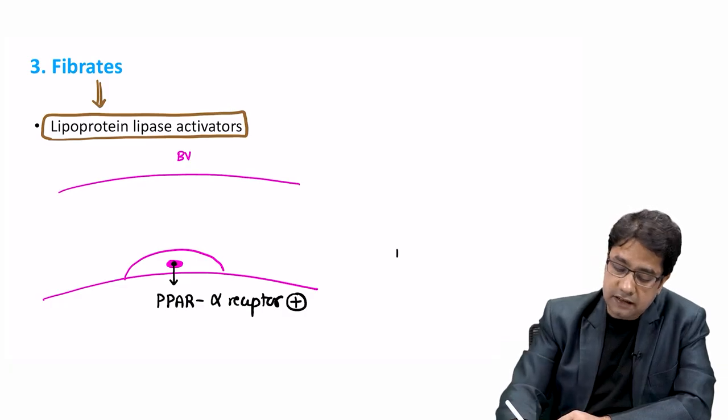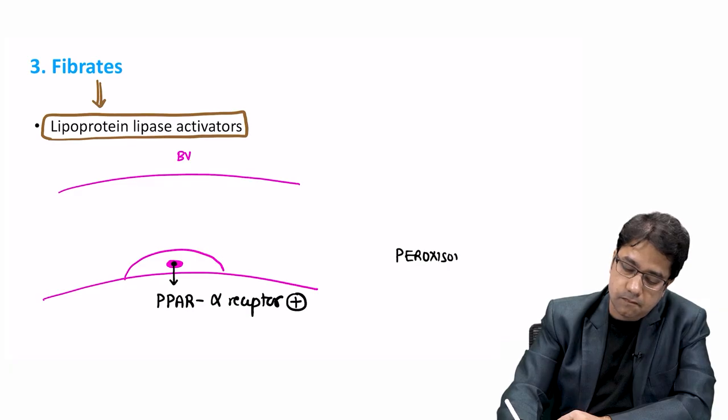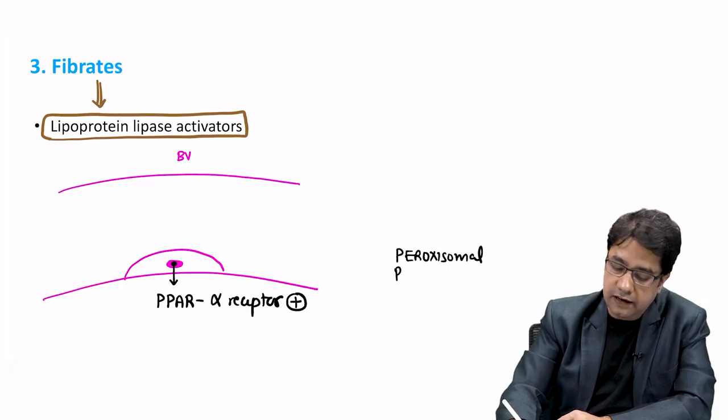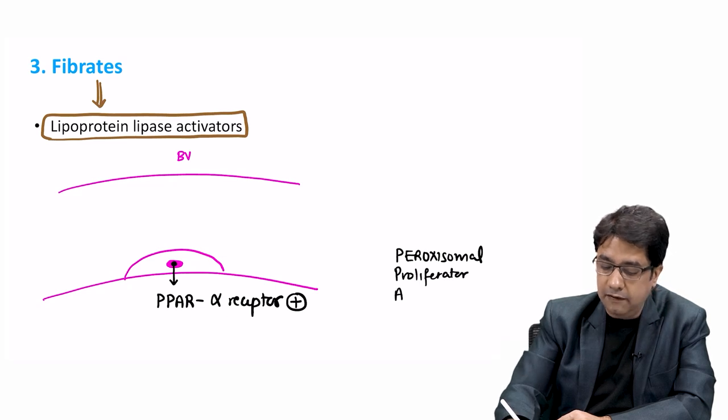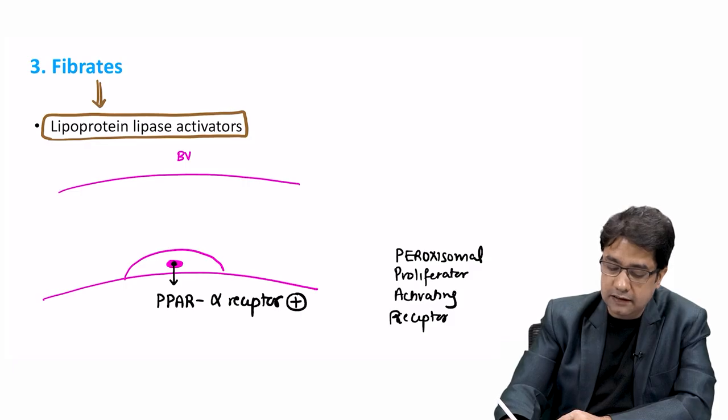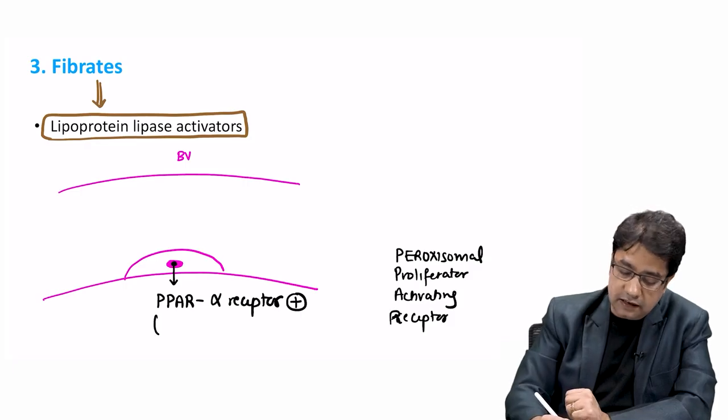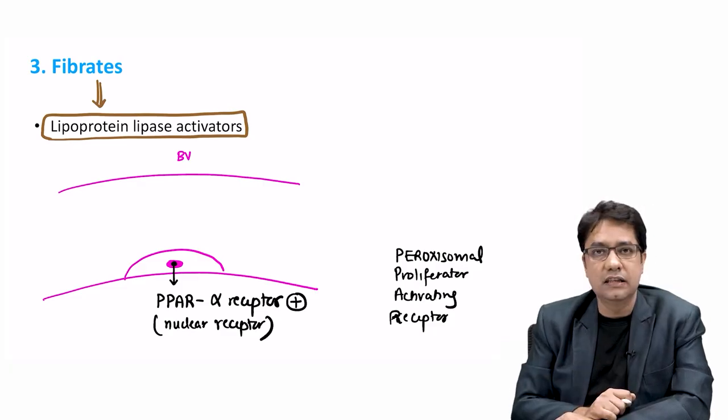PPAR stands for peroxisome proliferator activating receptor. So you can see the word receptor is coming. It's a kind of nuclear receptor present inside the nucleus of the endothelial cell.